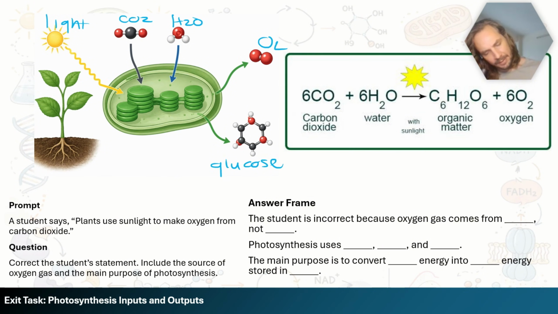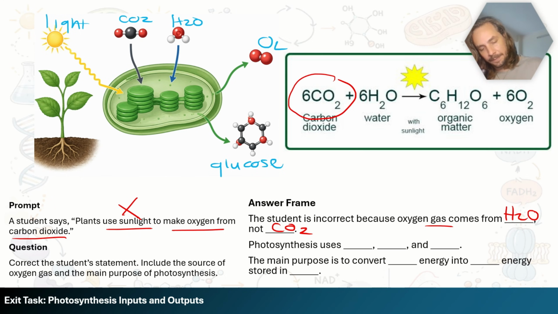Now, this student said plants use sunlight to make oxygen from carbon dioxide. And that is wrong. Okay, the student is incorrect because oxygen gas comes from water, not carbon dioxide.